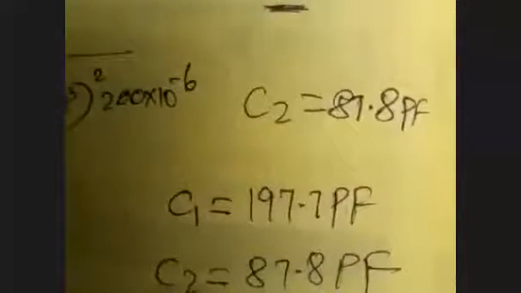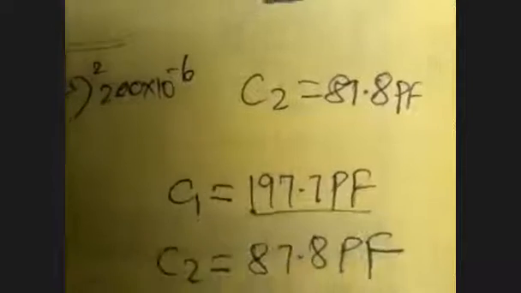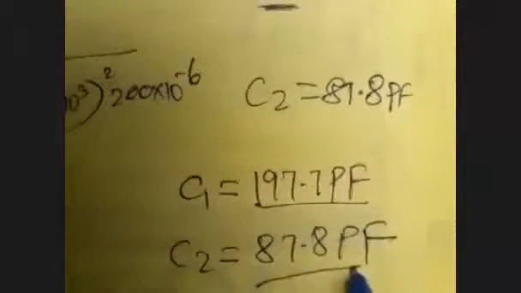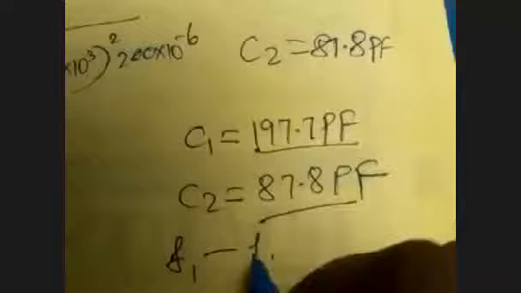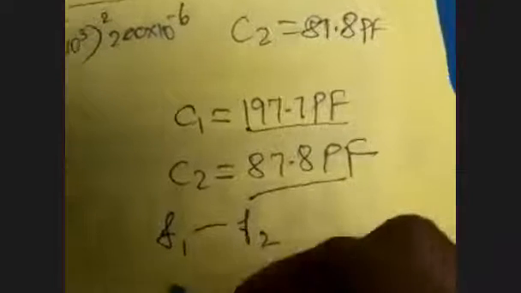At lower frequency we have higher capacitance value, and at higher frequency we have lower capacitance value. When we adjust the frequency from one range to another, we are adjusting the capacitance from one range to another.